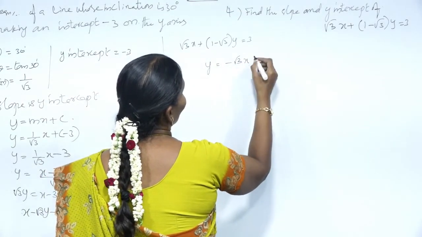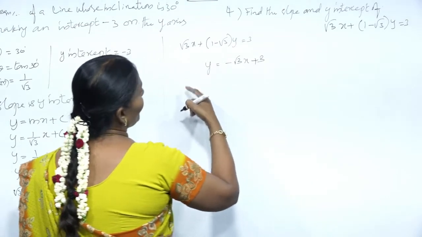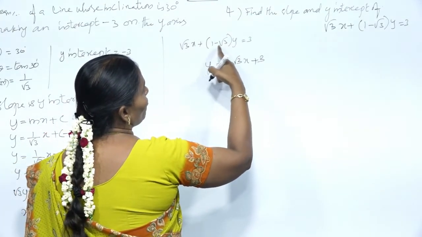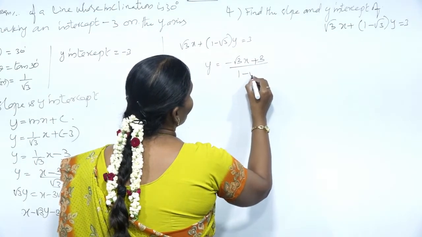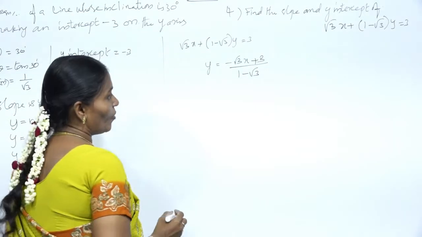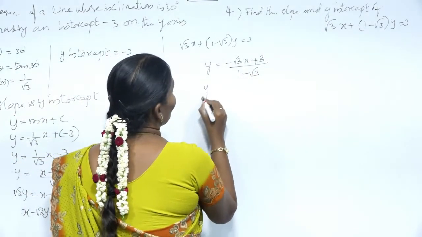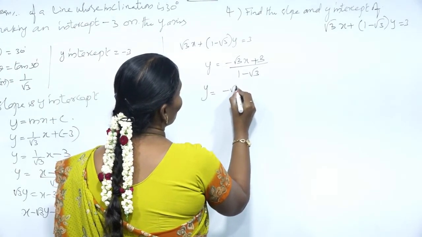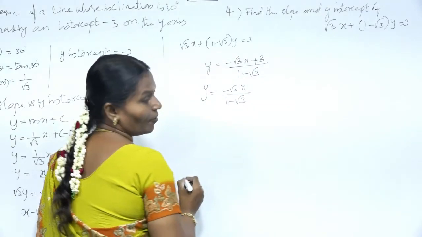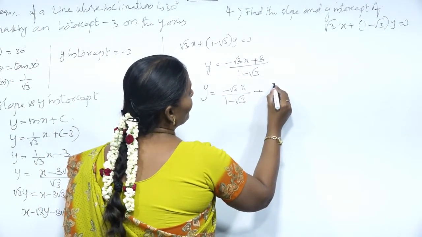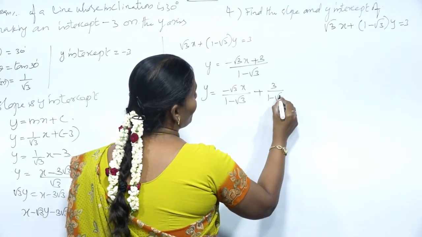Here already 3, so plus 3. Then the coefficient of y you bring to the left side, so divide by 1 minus root 3. Understand, children? So y is equal to minus root 3x by 1 minus root 3, plus 3 by 1 minus root 3.